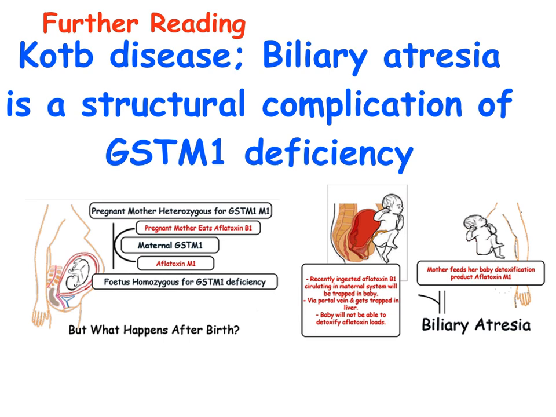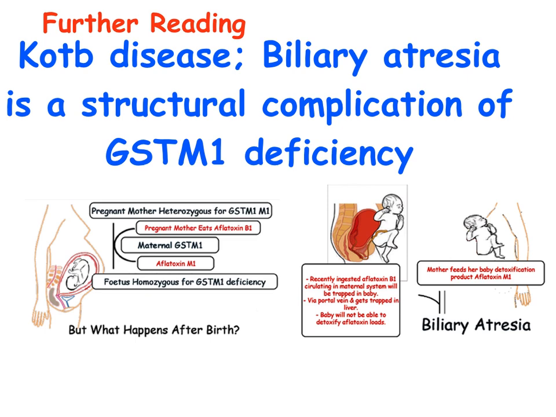If mom before delivery gets to eat food which is contaminated by aflatoxin B1, and the mom is homozygous for GST-M1 deficiency, then she will not suffer and will not have any phenotype. Baby is protected by her functioning placenta, detoxifying the aflatoxin.